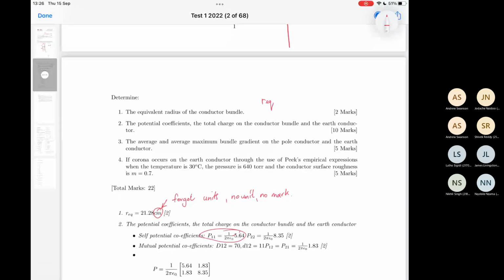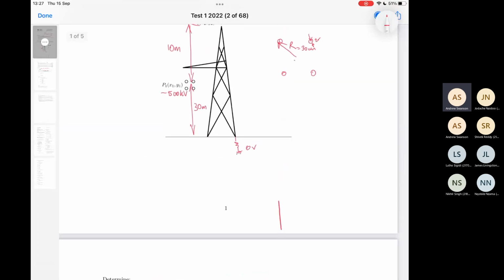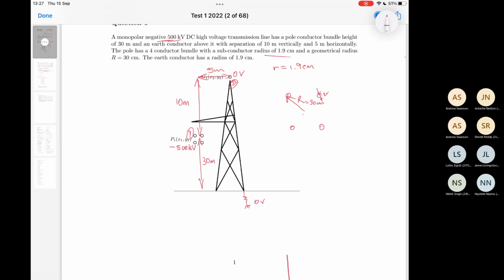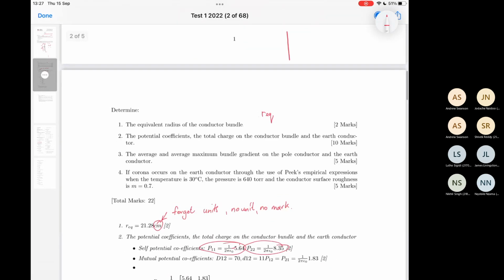P22 is the self-potential coefficient for the earth conductor. So it's just applying the same equation. There are two conductors here, there's one, there's two. Again, it's just applying the equation that's there.